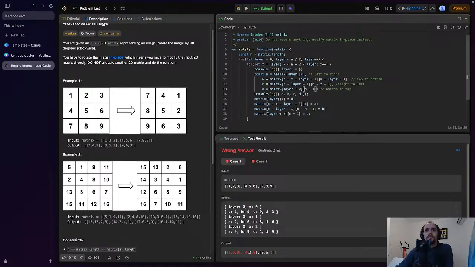Bottom to top. So this should be, the X should be layer, and the Y should be layer and minus layer minus X minus 1.